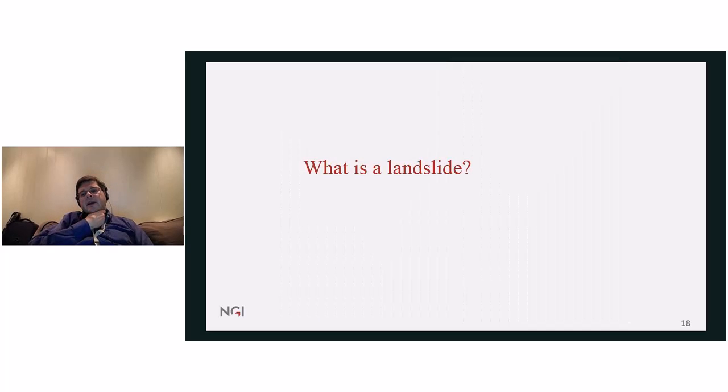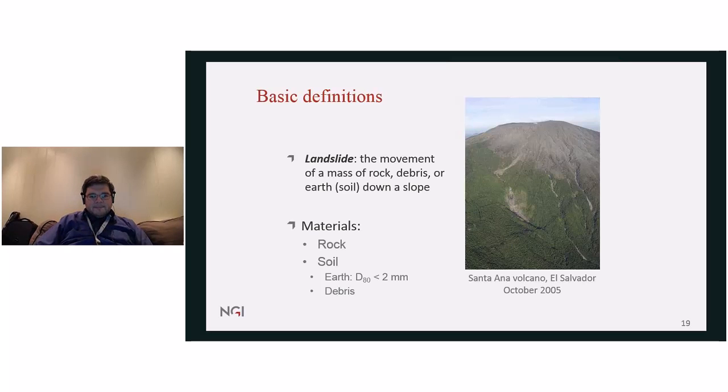Then we just have to maybe review what a landslide is. I mean, this meeting is basically all dealing about landslide risk management, but let's just take this like a short review, and we'll see why this is important.